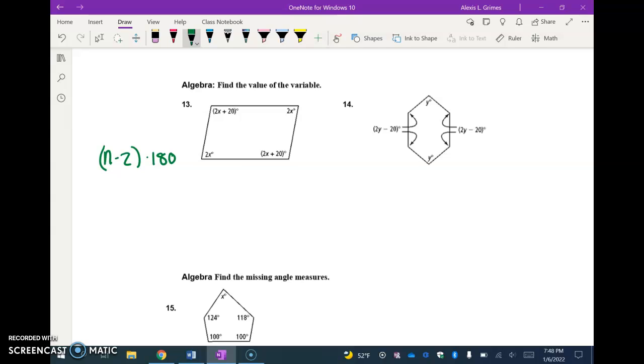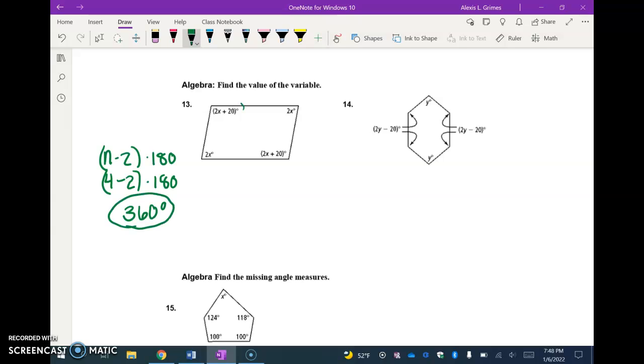How many sides does this shape have? It has 4. So 4 minus 2 times 180. You have 2 times 180 there. 360 degrees is all of the angles on the inside.